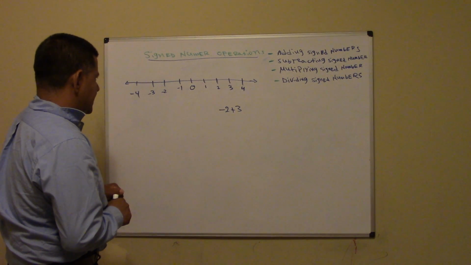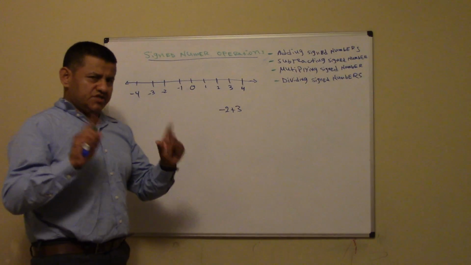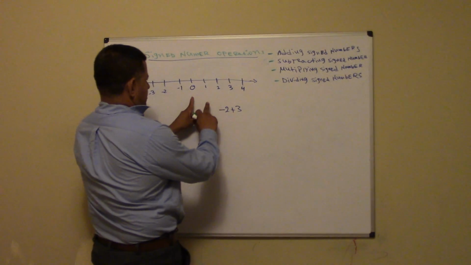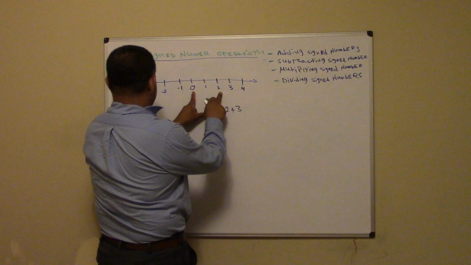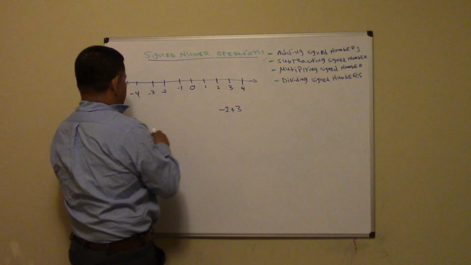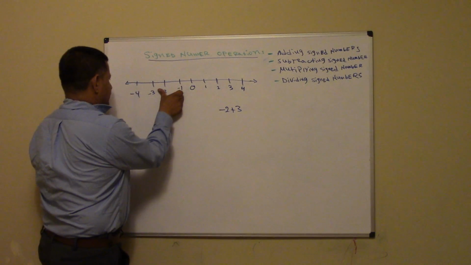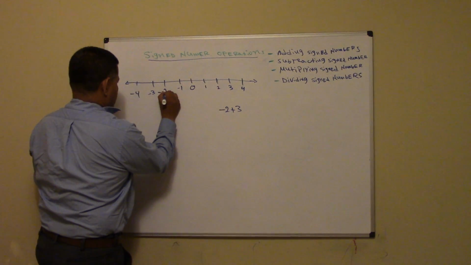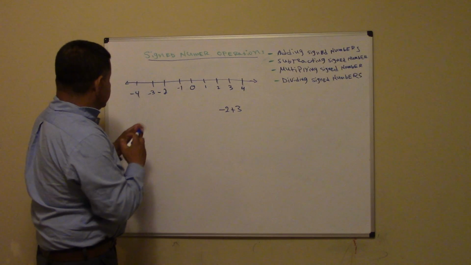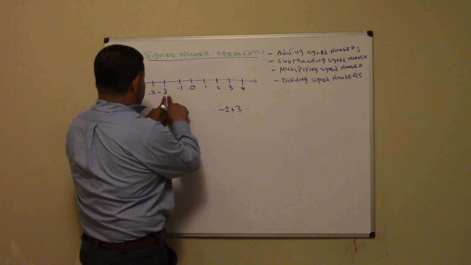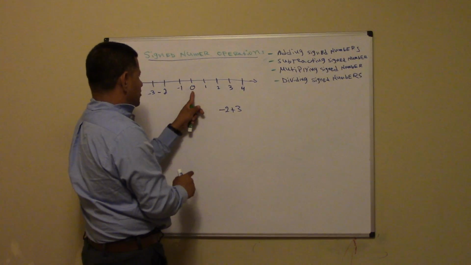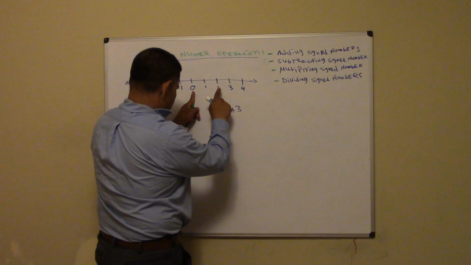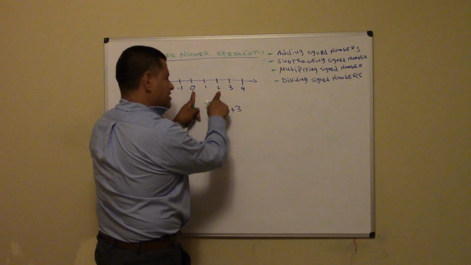Well, notice that this negative 2, let me just make this negative 2 a little bigger. Notice that this negative 2, from negative 2 up to 0, cancels with from 0 to positive 2.